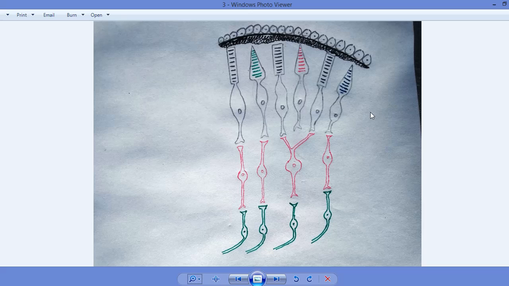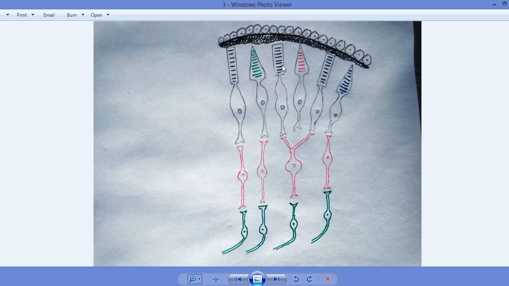But when you see any object, when your eyes are open, these will be activated. When the pigments are activated inside the rods and cones, this will initiate a signal. This will convert the electric potential from -30 to -70.